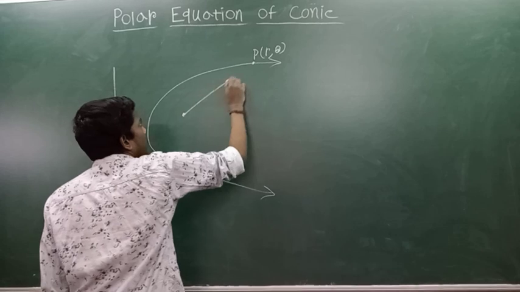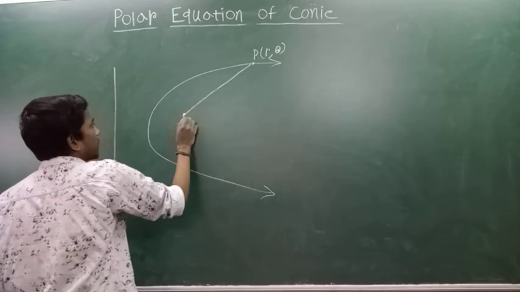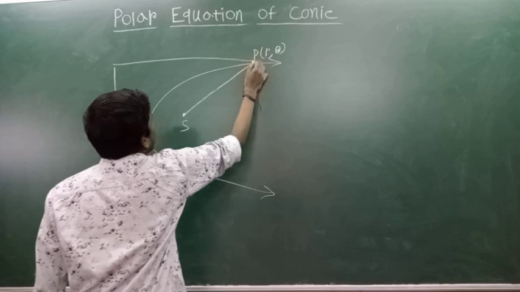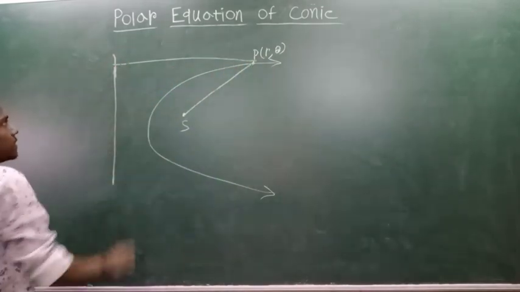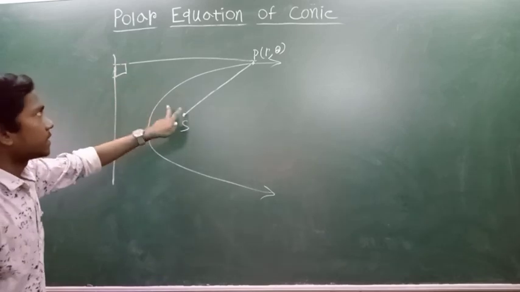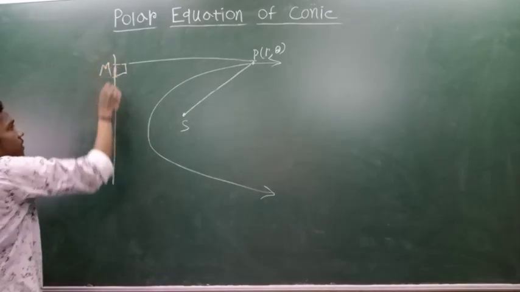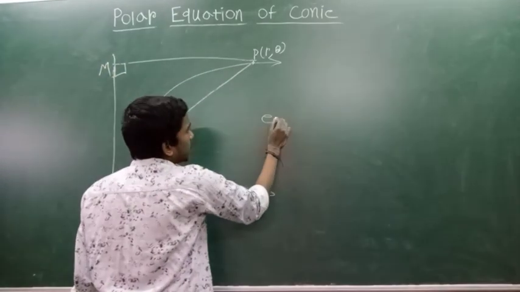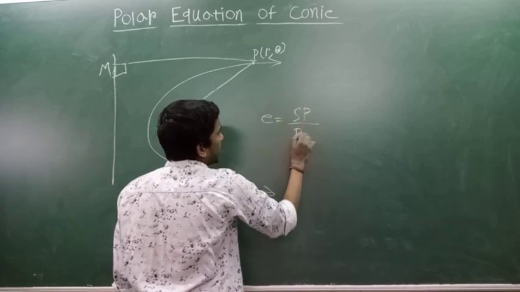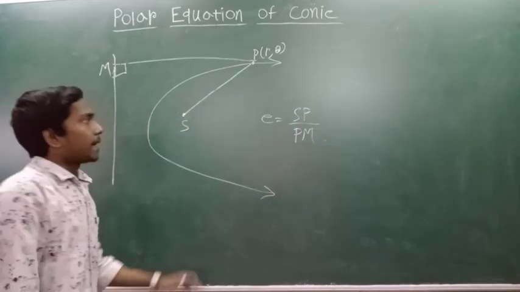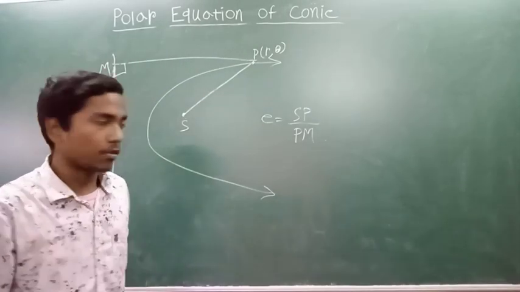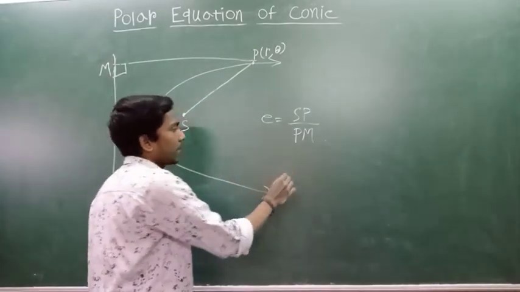The distance of this point from the focus divided by its distance from the directrix gives the eccentricity. If we draw a perpendicular PM to the directrix, then e = SP/PM, and with this ratio we can define any conic. It depends upon the value of e.